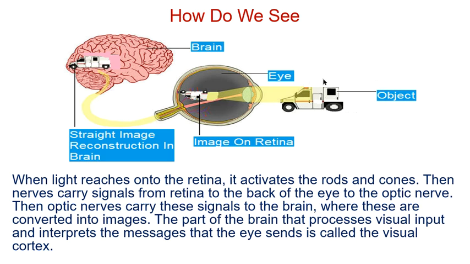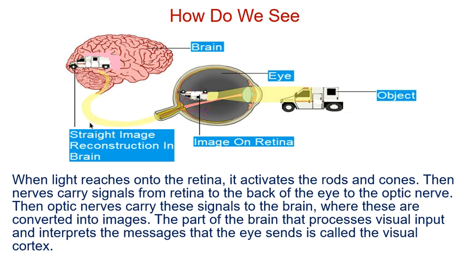When light is reflected from the object into the eye, an inverse image is formed on the retina, and it is transmitted in the form of electrical impulses through nerve cells to the brain's eye center, and here the image is made straight and the vision is completed.